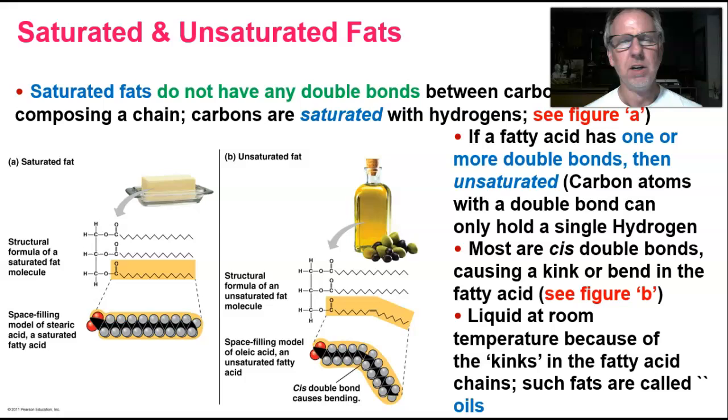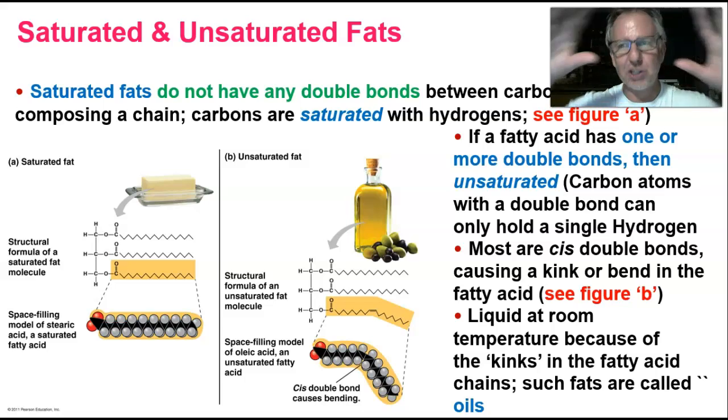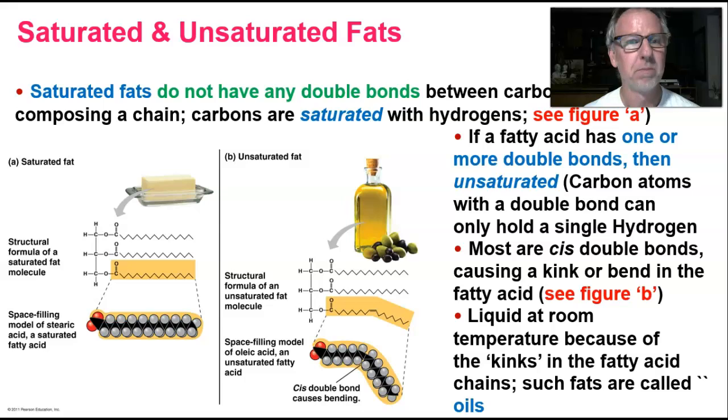Saturated fats do not have any double bonds between the carbon atoms in their chains. So all the carbons, because they all have single covalent bonds between them, they are all able to bond to two hydrogens. So every carbon in that chain is saturated, is filled with as many hydrogens as they can possibly bond to.